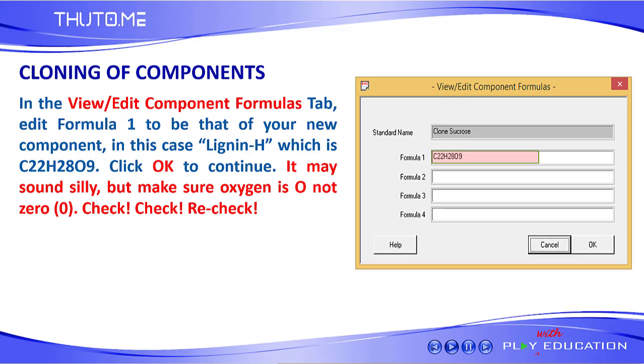You may think this sounds very silly, but make sure that the oxygen is the letter O, not the number 0. I had made that mistake before, and Chemcad continued with the wrong molecular formula. Please make sure that you are not making the same mistake.